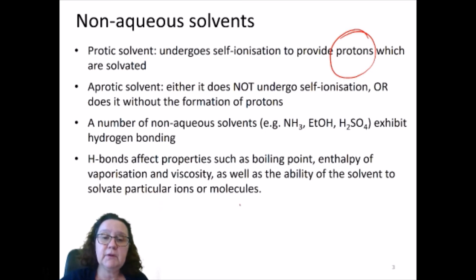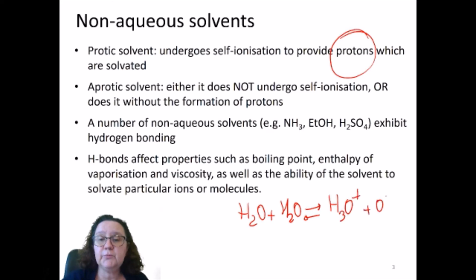And if you remember what would be the self-ionization reaction of water, which is the basis of pH and acid-base chemistry, you produce hydrogen ions and hydroxyl ions. So a protic solvent is one that undergoes self-ionization and will release protons. An aprotic solvent is one that either does not self-ionize or will not form protons.